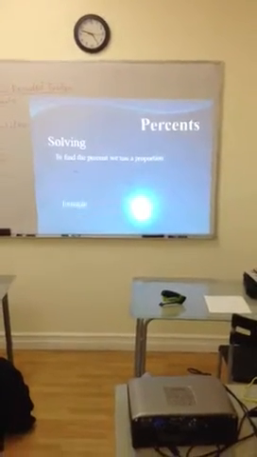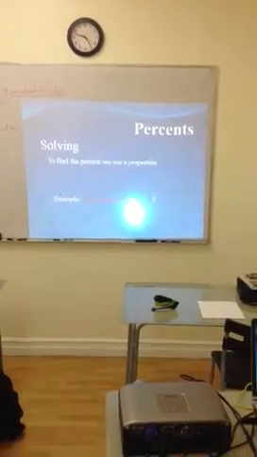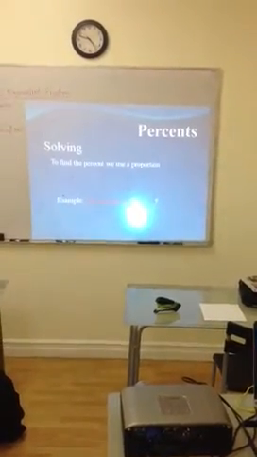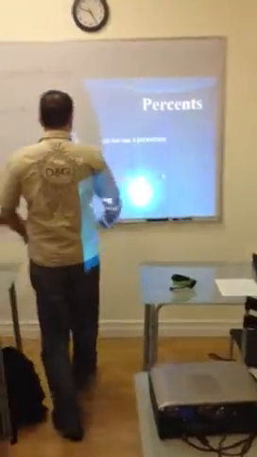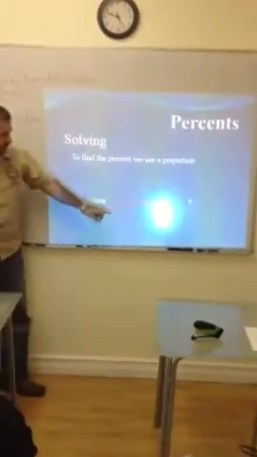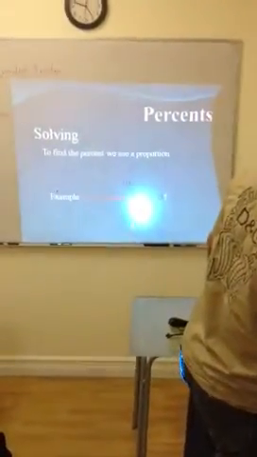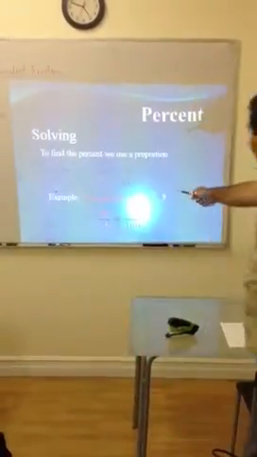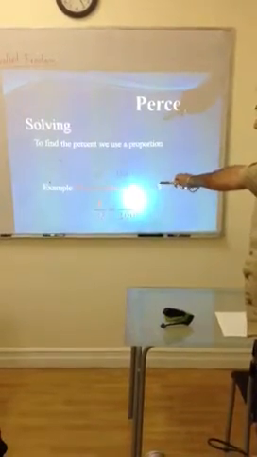So, for example, it says what number is 5% of 100? So in our case, what number is, I colored it so we can easily see it. Alright, what number is, that's our variable, we don't know.